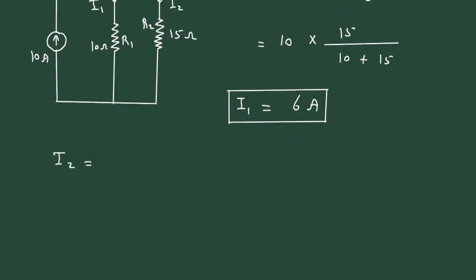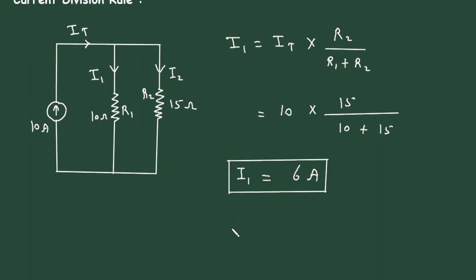Current division rule. Let's draw a circuit with a current source in parallel with two resistors.